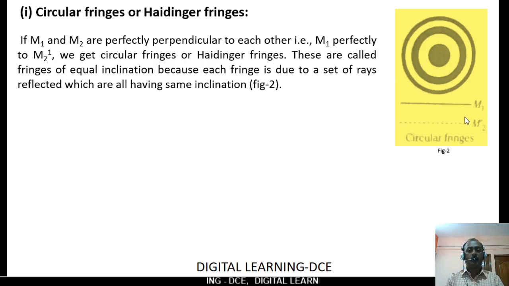If M1 and M2 are perfectly perpendicular to each other, that is, M1 is perfectly perpendicular to M2 dash, where M2 dash is the image of the mirror M2, we get circular fringes or Haidinger fringes. These are called fringes of equal inclination because each fringe is due to a set of reflected rays all having the same inclination.